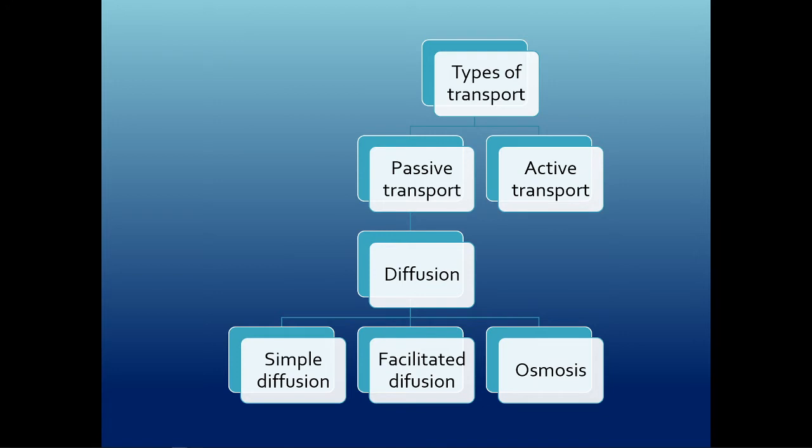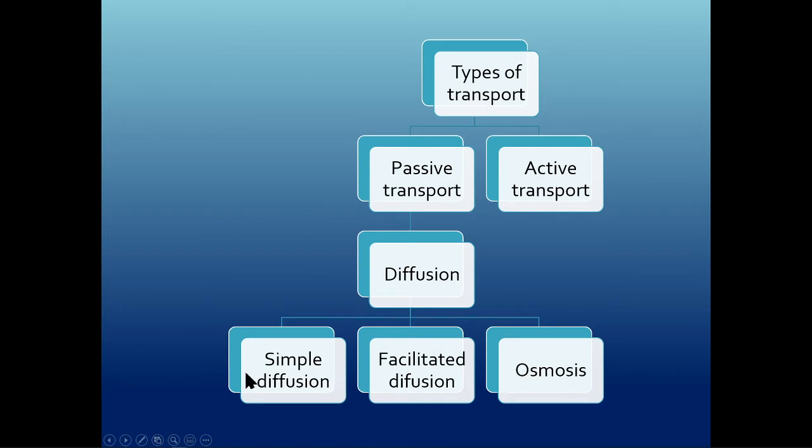Passive transport is going to use its own kinetic energy, which is the energy inherent within all atoms and molecules, and it's going to diffuse. So diffusion is passive transport. It doesn't require energy. So anytime you see diffusion in the name, no external energy is required to make this happen. So there's three types of diffusion.